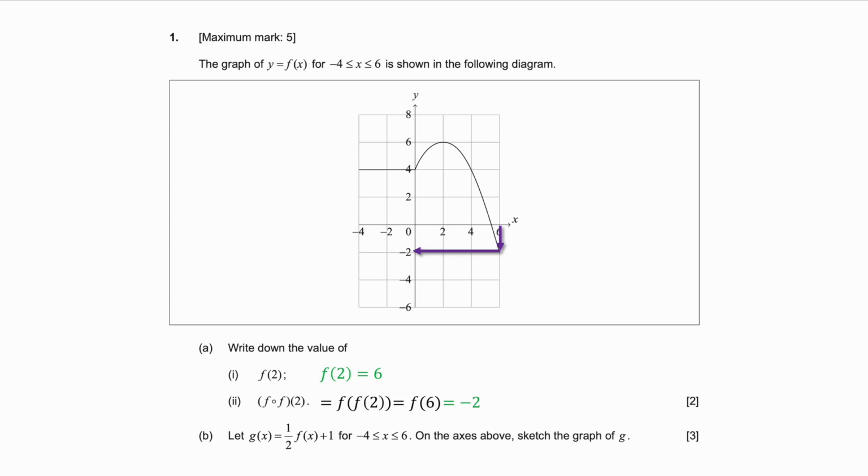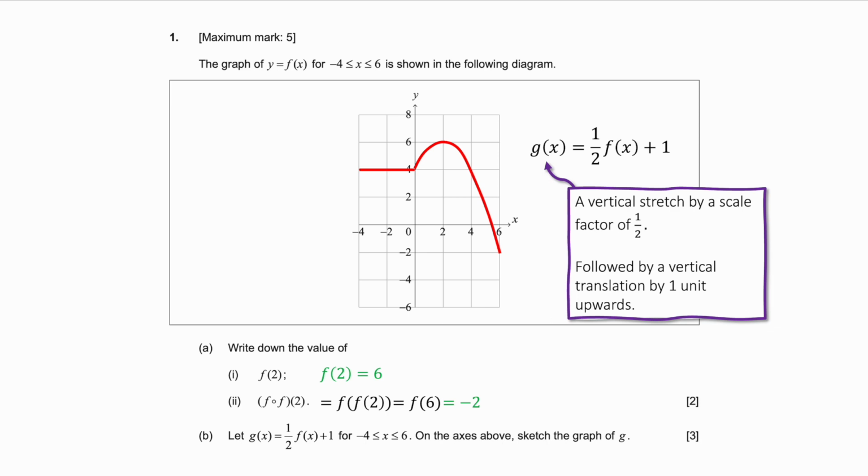So here we've got g of x is a half f of x plus 1 for the same domain, and we have to sketch it on the graph as well. Okay, so here let's just think about the function and think about the graph transformations. Firstly, we're going to do a vertical stretch by scale factor 1/2 because we're multiplying f of x by 1/2.